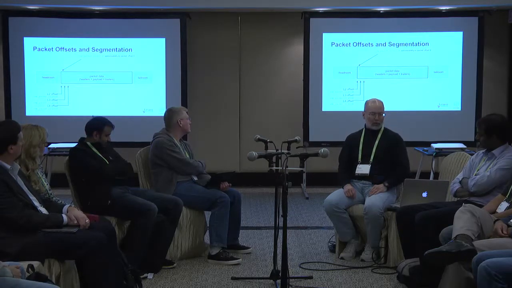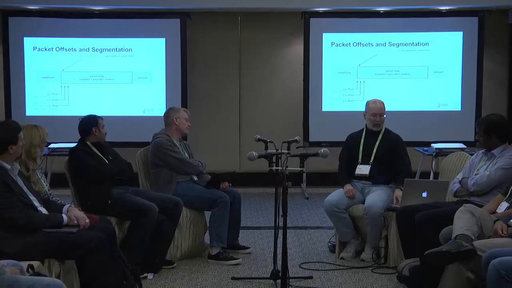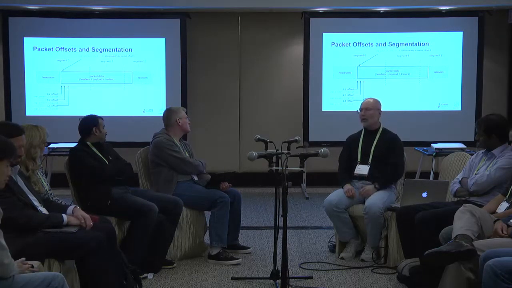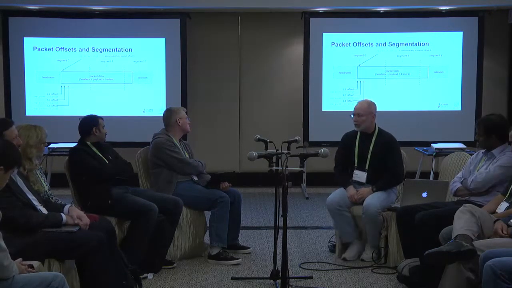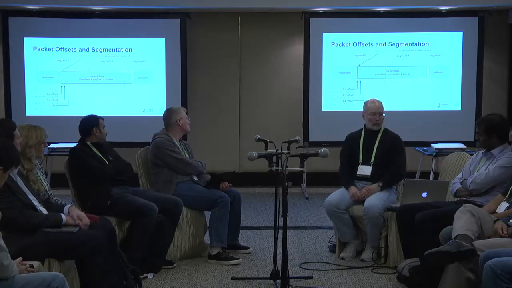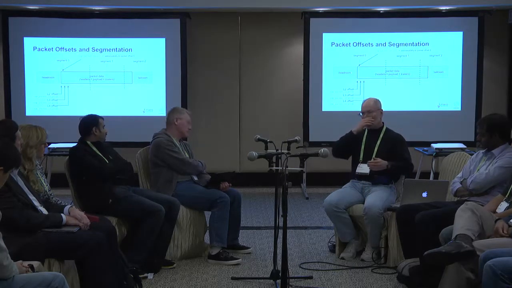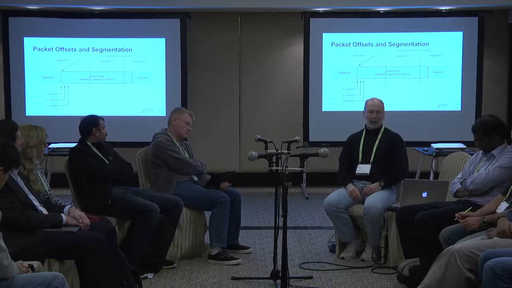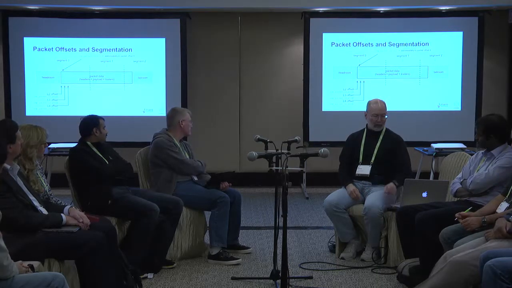Beyond these offsets, one of the common things that occurs in many platforms is packets actually internally will be segmented for various reasons. And so although the application is looking at packets as a single object, it's aware of the fact that the packet may in fact be segmented.